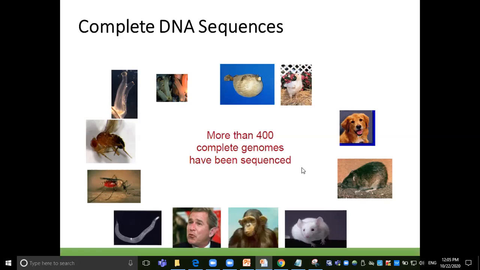What can we do with these sequences? We can see similarities at the sequence level. They have found that 99% similarity appears in the genes of chimpanzee and human. That's one fact found from these comparisons or alignments.